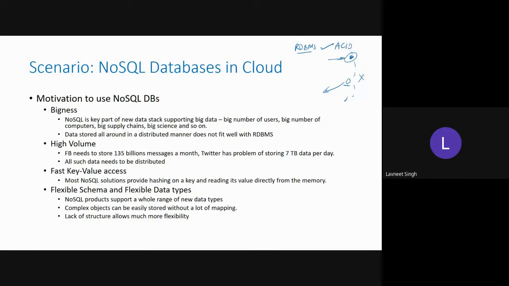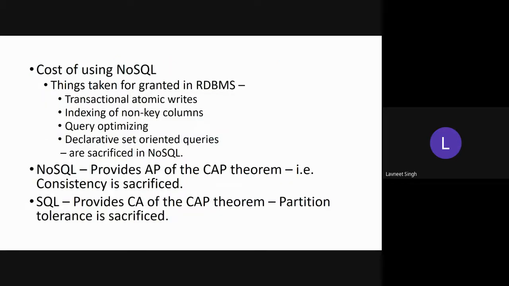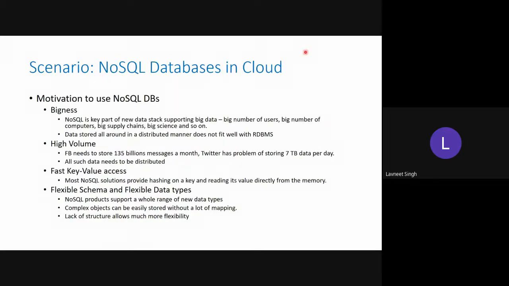So if it is RDBMS, it has to return the same state of the data. So apparently you can imagine, like we discussed also, that updating the data in different nodes in a distributed manner is not a fit for RDBMS. So that is why NoSQL databases come.